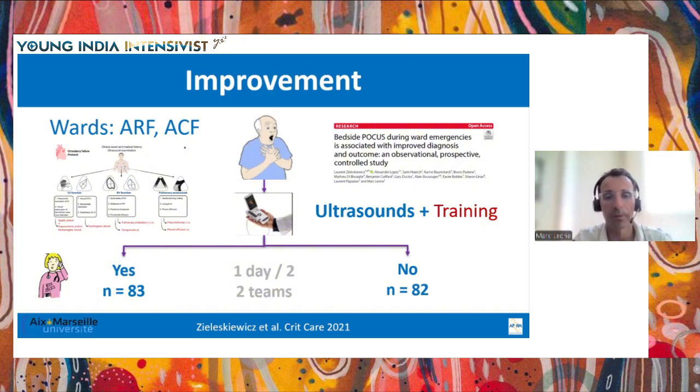So we performed a few years ago this comparative study. There was a group using POCUS at the bedside for acute respiratory or acute circulatory failure of patients hospitalized in wards.